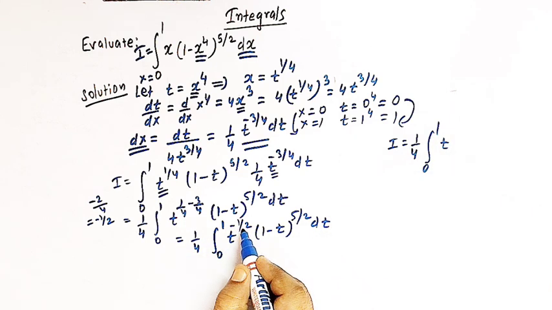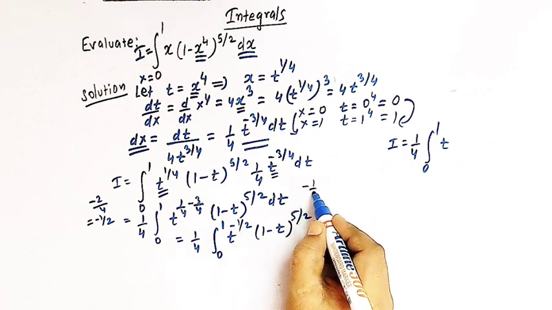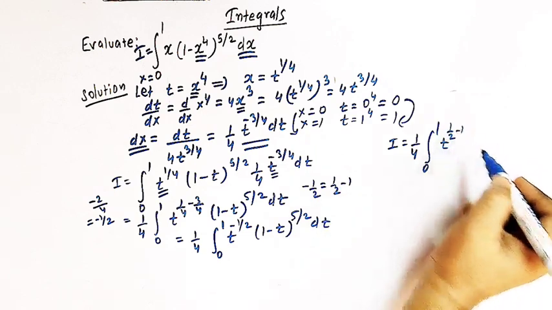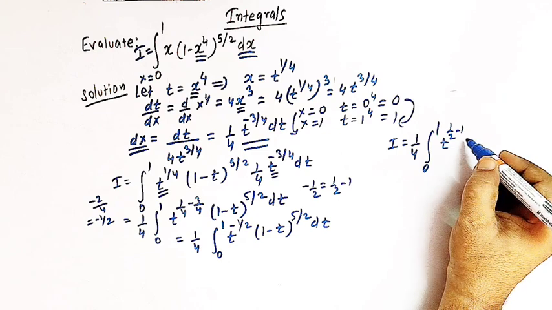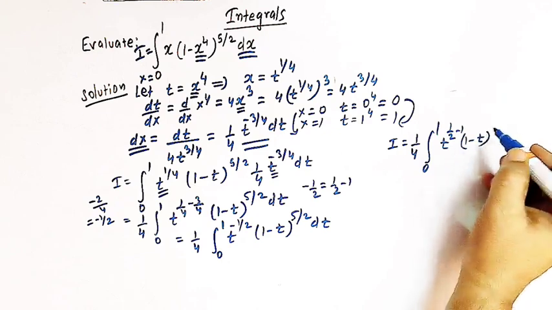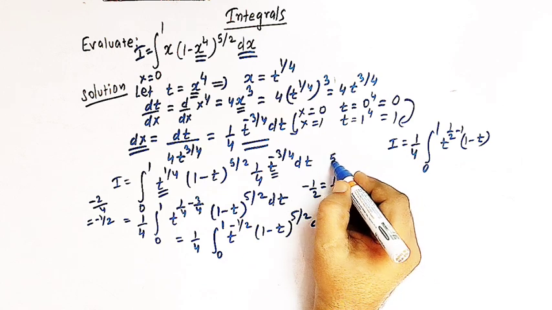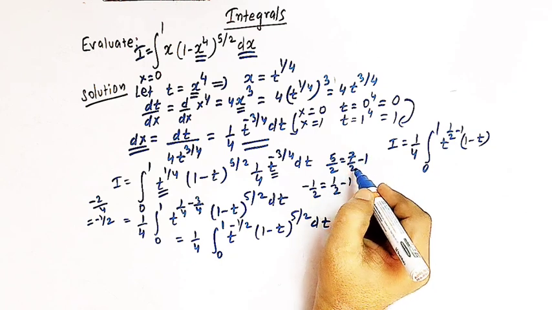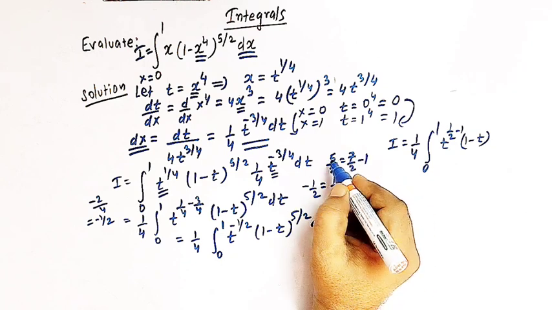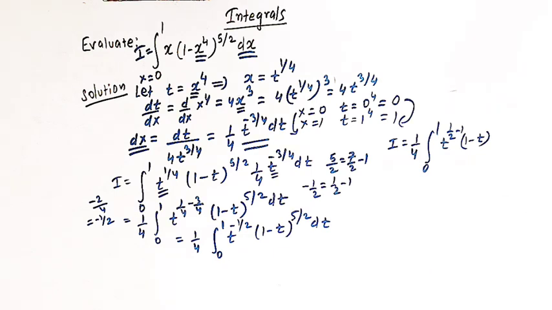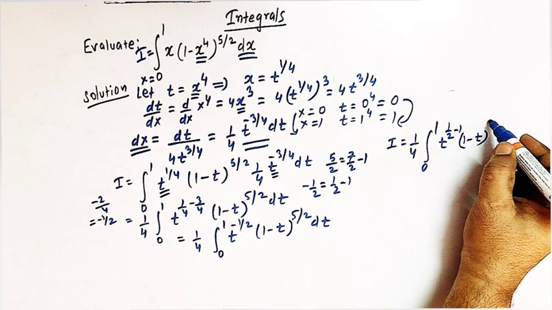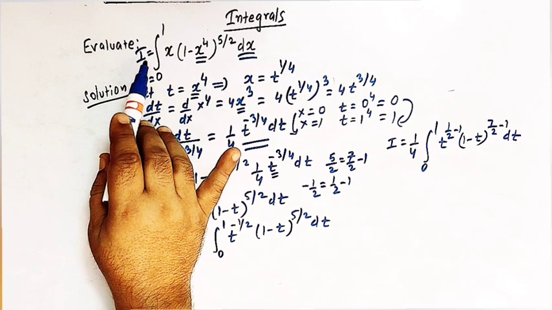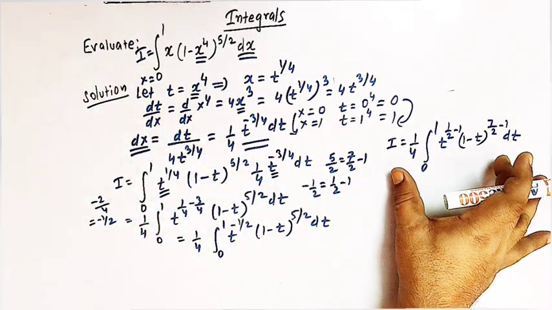Now minus half can be written as half minus 1, and 5 by 2 can be written as 7 by 2 minus 1, because 7 by 2 minus 1 is (7 minus 2) over 2, that is 5 over 2. So here we write (1 minus t) raised to 7 over 2 minus 1 dt. Our integral I can now be written like this.